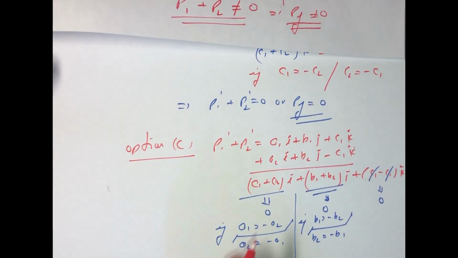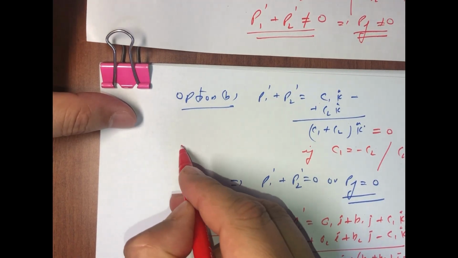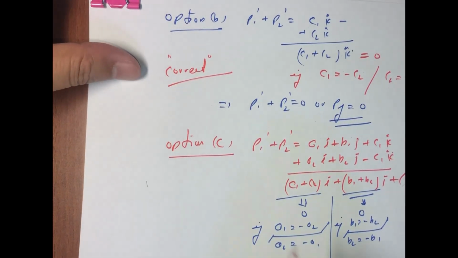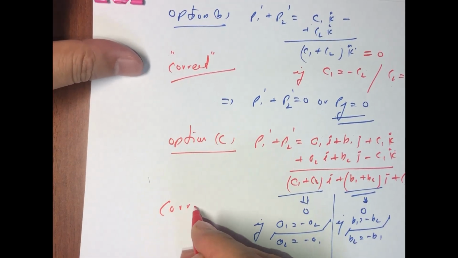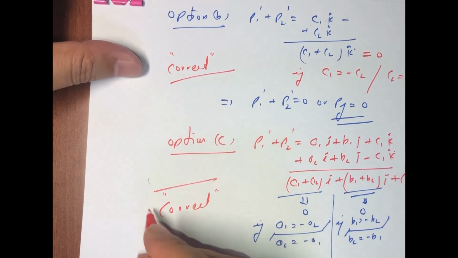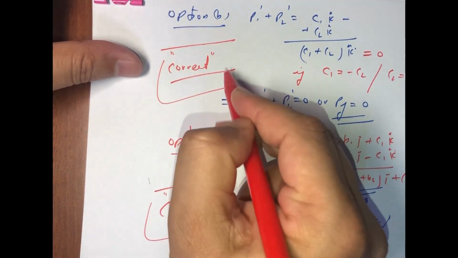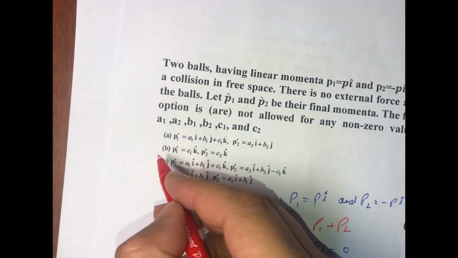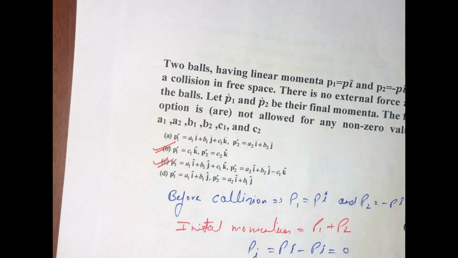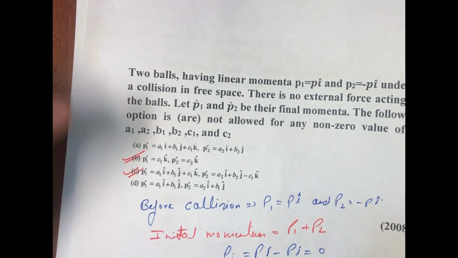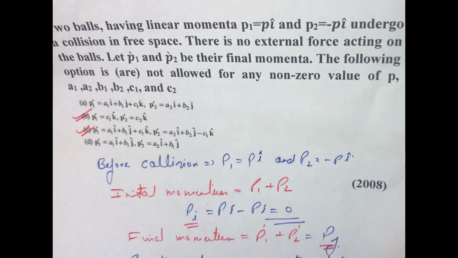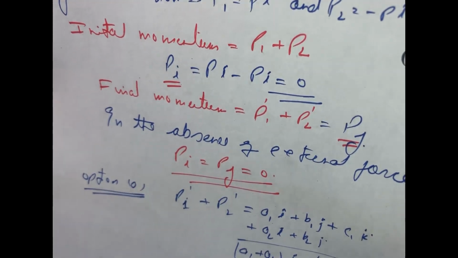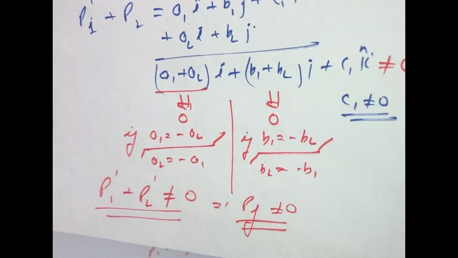We have this as the correct option and this also correct option. Therefore, B and C are the two options which are correct. So this completes the question. Thank you.